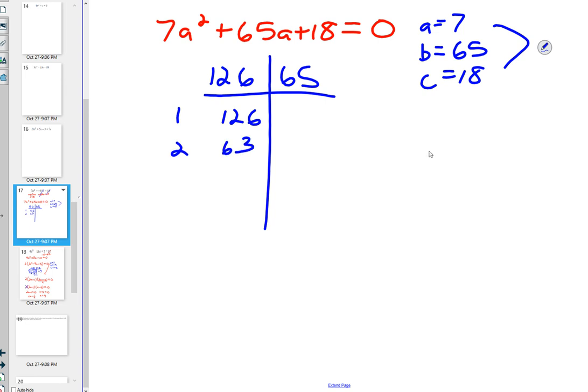3 will work. 4 won't work. Somebody check my math there, but I think it's right. 5 won't work. 6 will work. 7 will work. 9 will work. 10, no. 11, nah. 12, oh, alright, whatever.